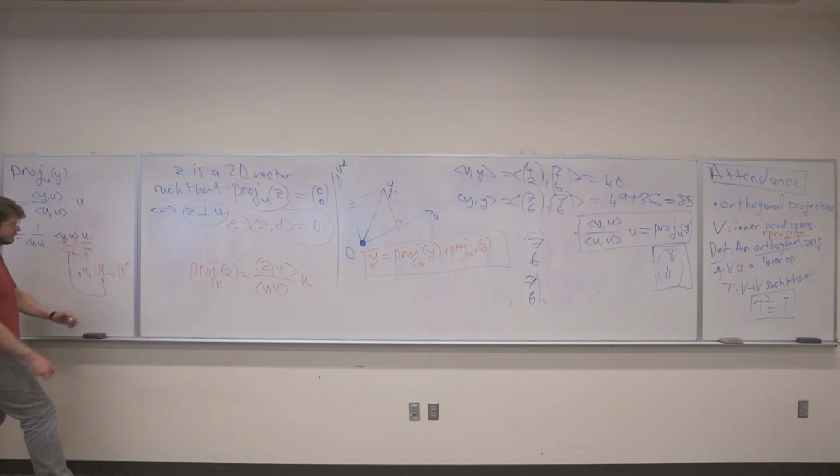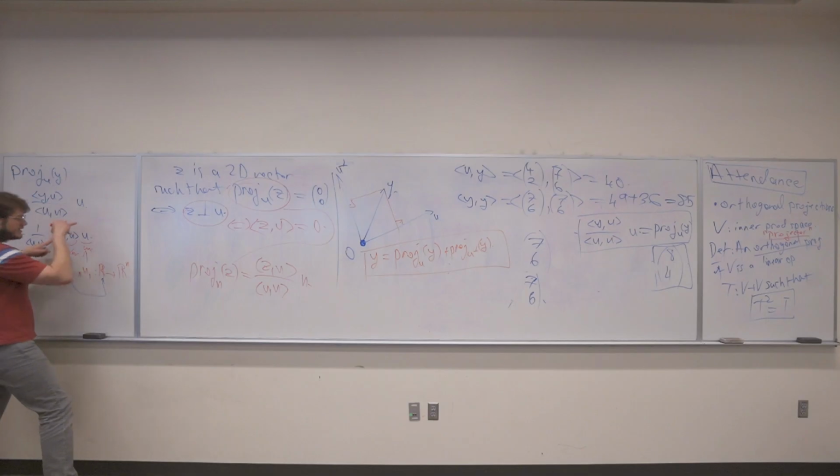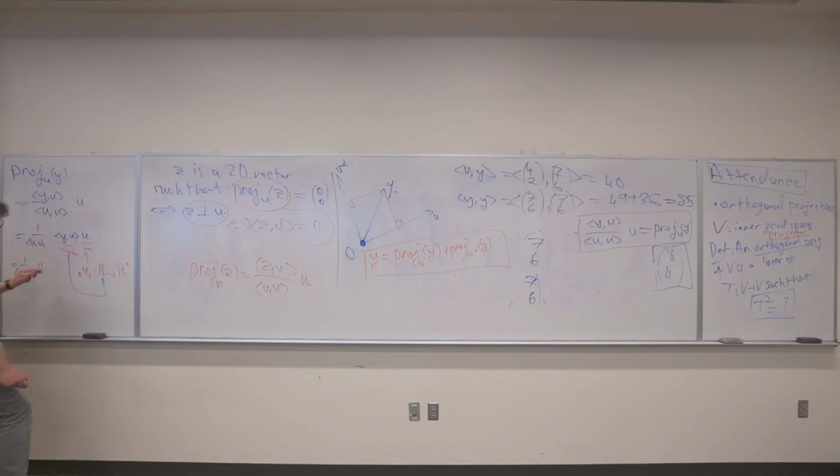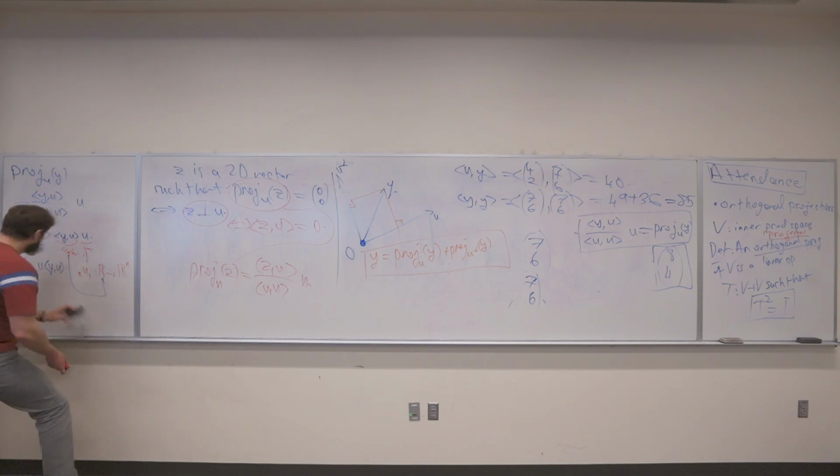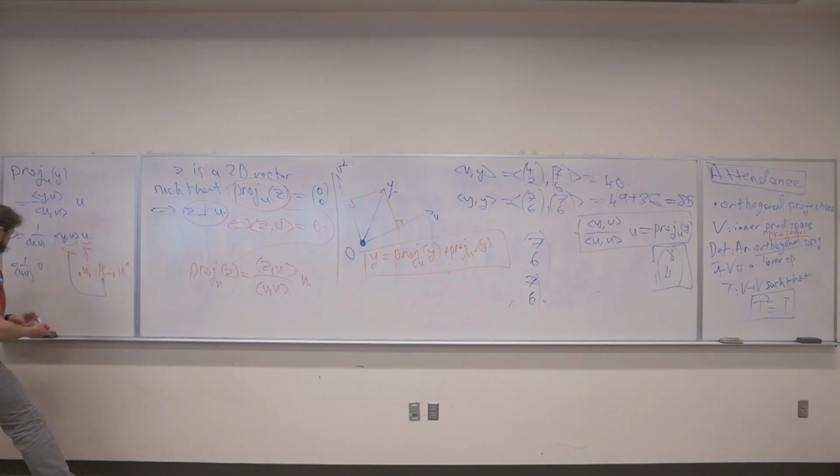And so this scalar vector product is the same thing as this vector acting on this one-dimensional vector. So I can reorder these, and in fact, I'll write U first here.